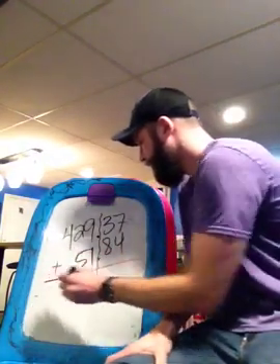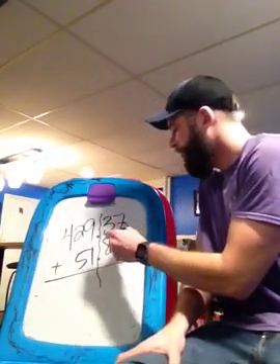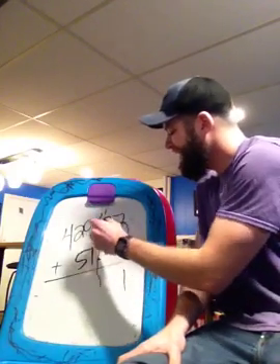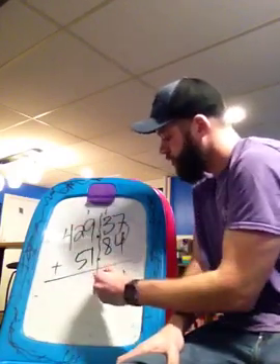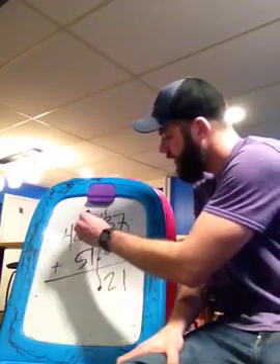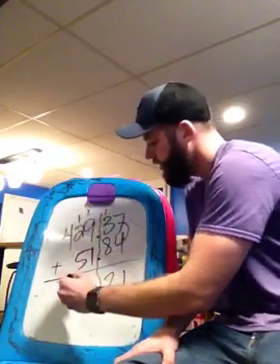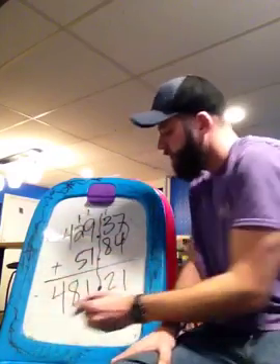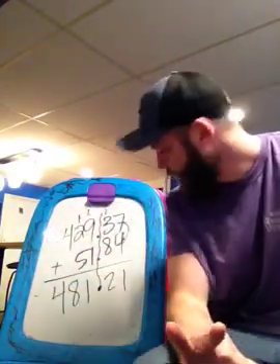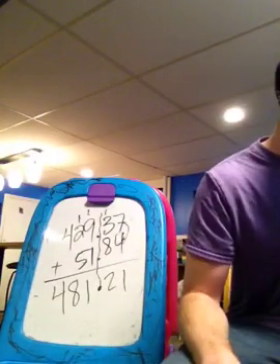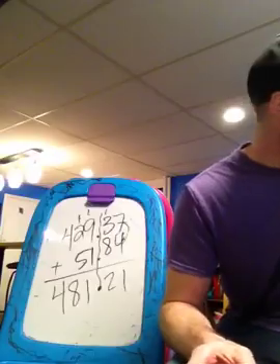Add them. 7 plus 4, so we have 7, 8, 9, 10, 11. 8, 9, 10, 11, 12. Bring down that decimal. 9, 10, 11. 5, 6, 7, 8. 481 and 21 hundredths. D. So number 13 is D.